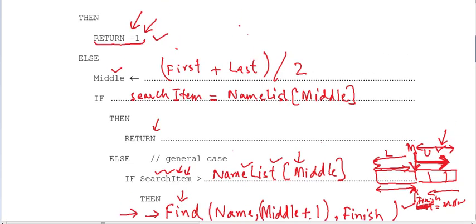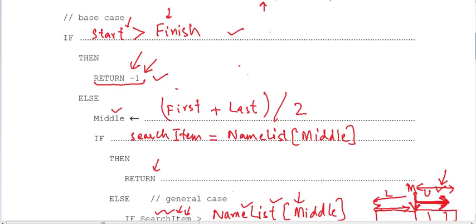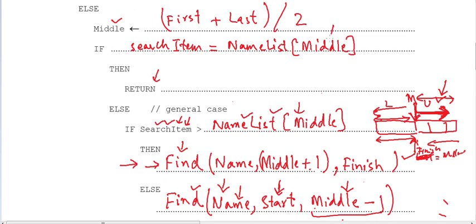And he's already told us, if we found the name in the list, then we have to return the position, which element, at which element were we able to find that value, right? So basically, middle is the element at which this search item equals. So middle is the element number, right, in our array. So in this case we are going to return what? Middle.